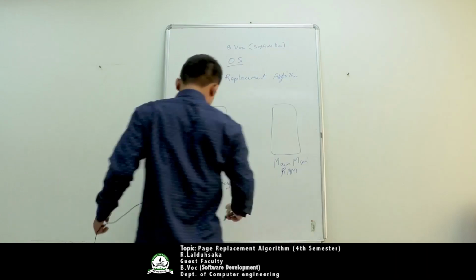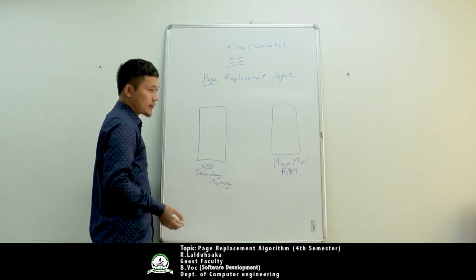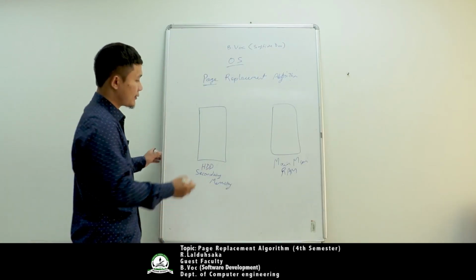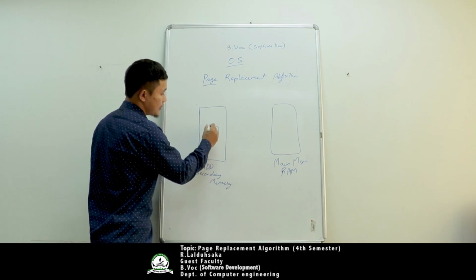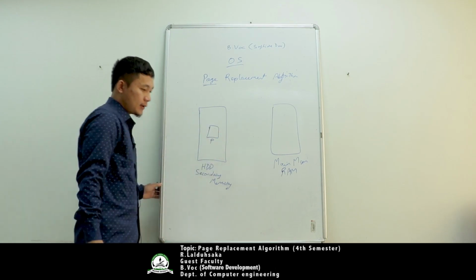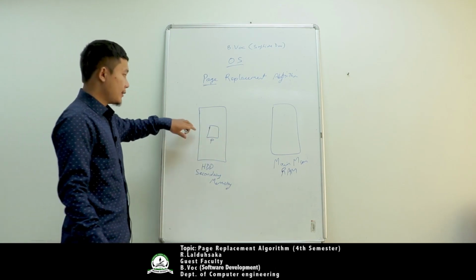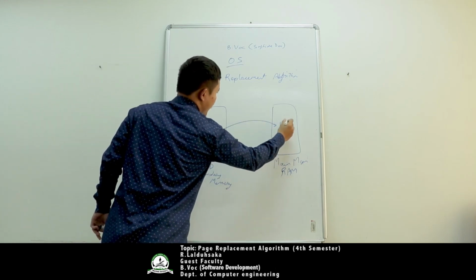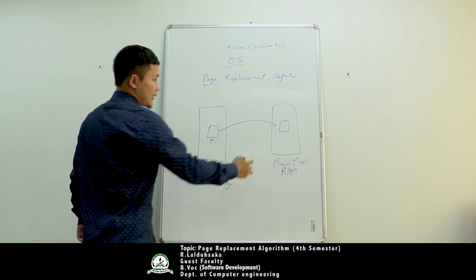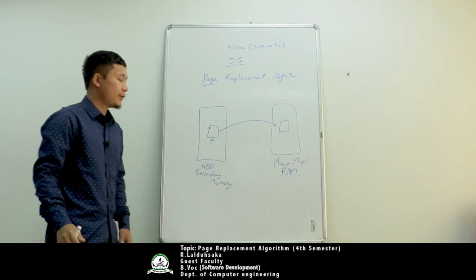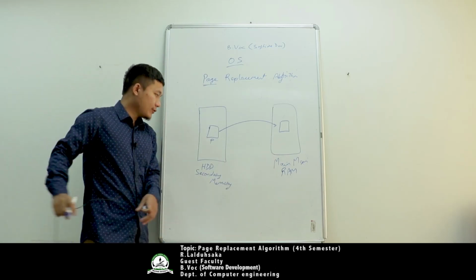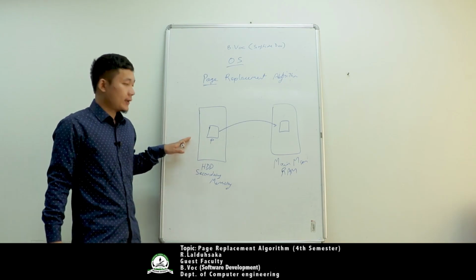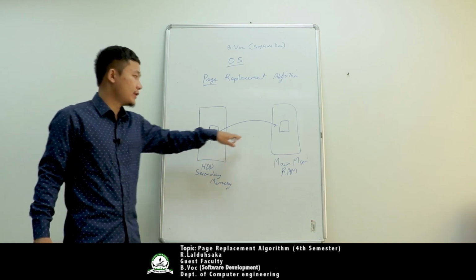Suppose in the hard disk there is a file, an application, a process. Let's say this is the process P. To execute it, this process has to be swapped into the main memory so that it is executed from the main memory. We cannot execute the process from the secondary memory directly, so the process needs to be in the main memory.